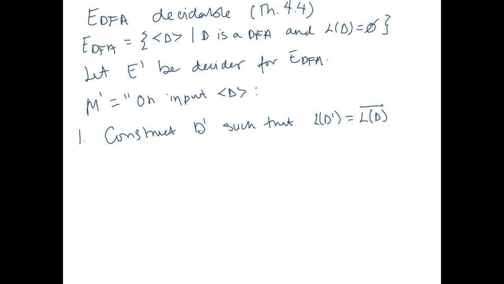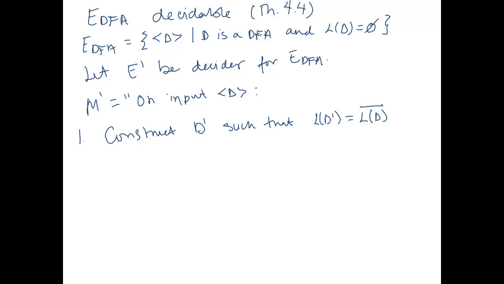Okay, so how can we do that? We had an algorithm for the proof of closure of complement for regular languages that will do this. So basically, if I'm given a machine description, if I have a DFA, I want to accept everything that it rejects and reject everything that it accepts, and that will give me the complement. So how do I do that?